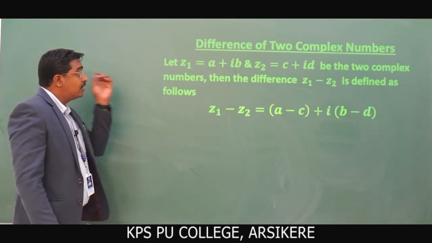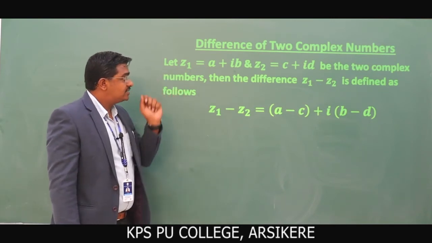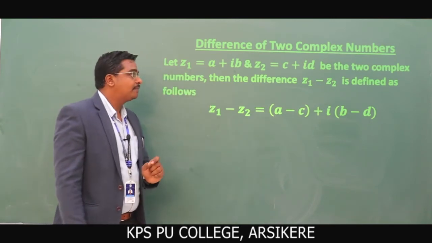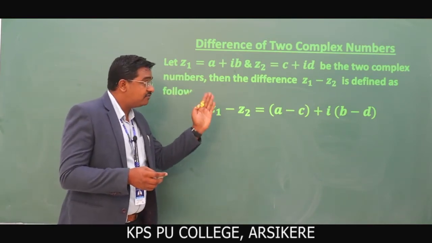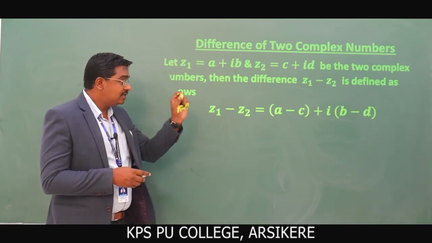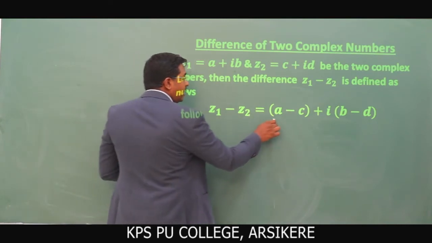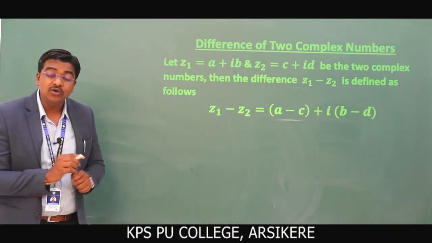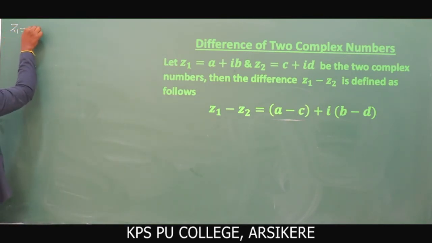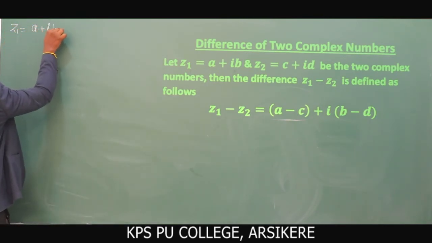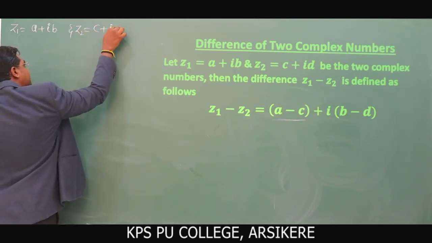Just observe here. Let Z1 is equal to A plus IB and Z2 is equal to C minus ID be the two complex numbers, then the difference Z1 minus Z2 is defined as Z1 minus Z2 is equal to A minus C plus I into B minus D. Alright, here we have Z1 is equal to A plus IB, and Z2 is equal to C plus ID.